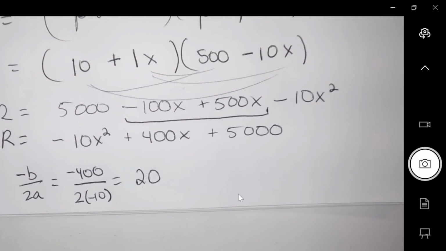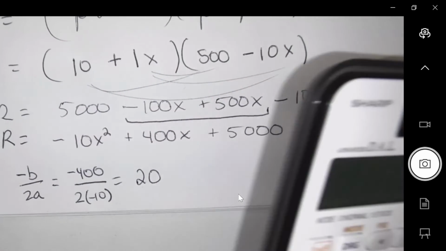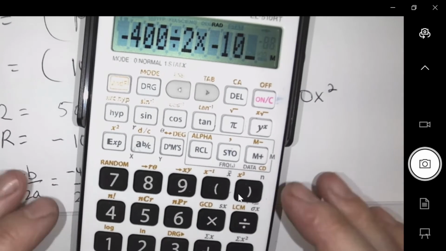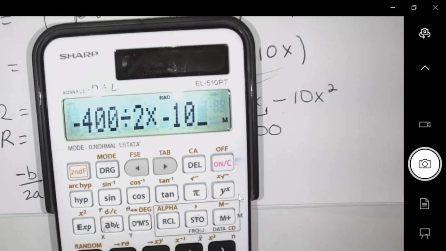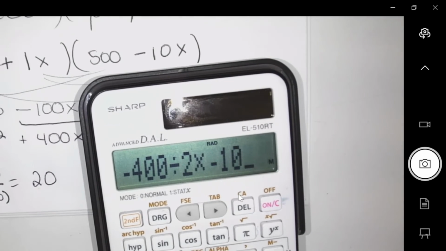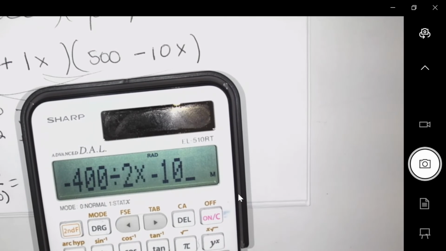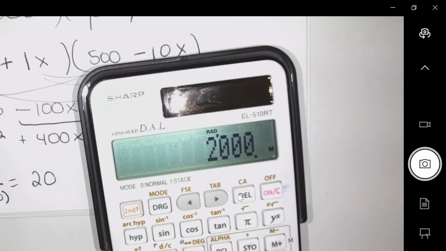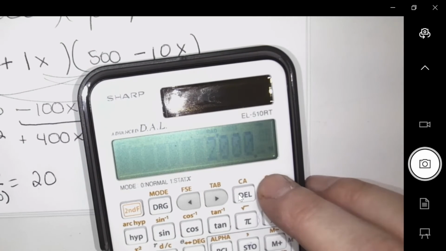Okay, I get this error quite often. Do you see what I did there? I typed in negative 400 divided by 2 times negative 10. See what I typed in? And it gave me 2,000. I'm supposed to get a 20, so what did I do wrong when I did that?